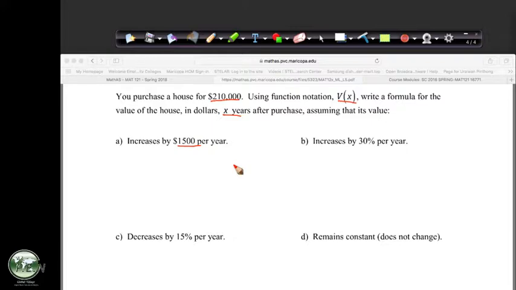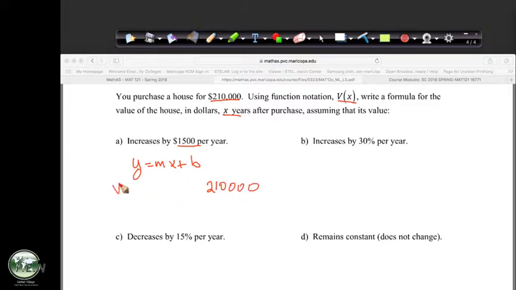Okay, so that's good. This is a linear process. The way we think of this is really y equals mx plus b. So we have a starting value of 210,000.